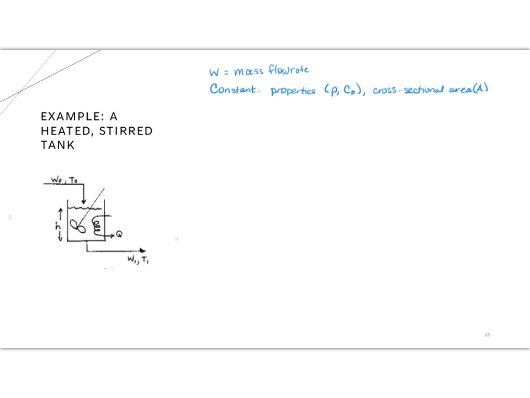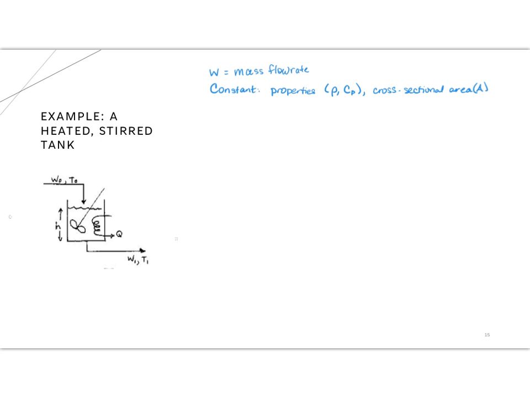Now, cross-sectional area, if you've looked at a tank, probably there's a little bit of rounding at the bottom, and so it may not be exactly constant, but dealing with that minutia isn't going to get in the way of me being able to actually come up with a solution and not really contribute much. So assumptions don't mean they have to be perfectly correct, but they are useful and close enough for the type of model that I'm looking for.